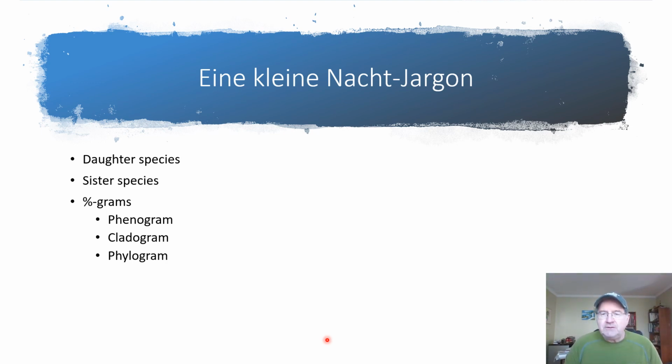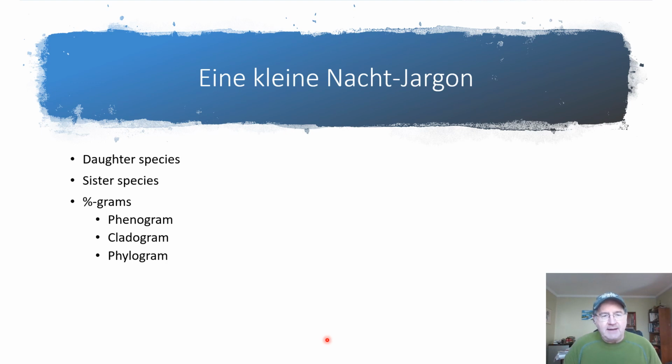And then there are a bunch of terms that are used to describe these tree-like structures, these hierarchical renditions of the data and the relationships that we're seeing. So there's lots of names.